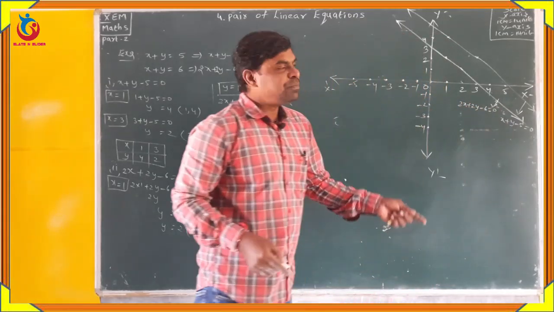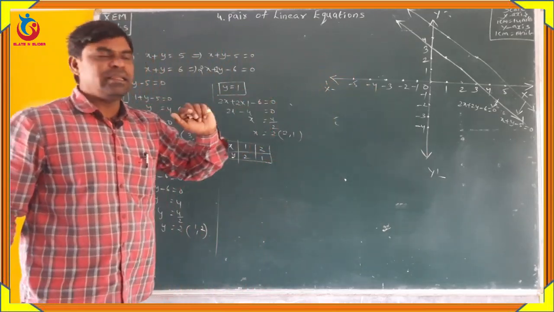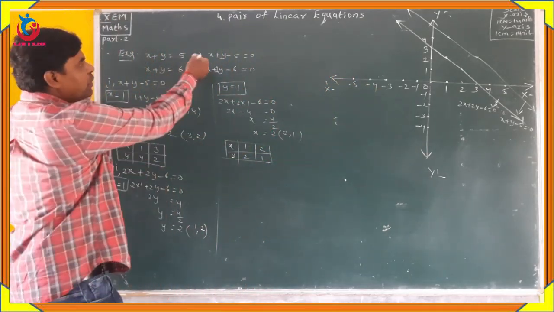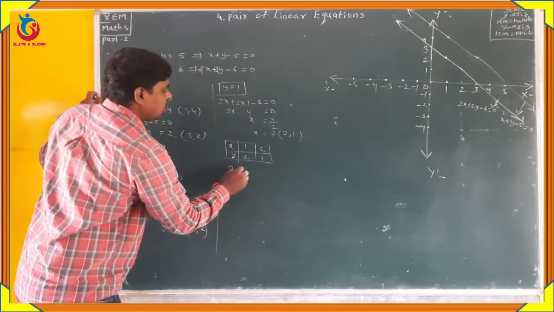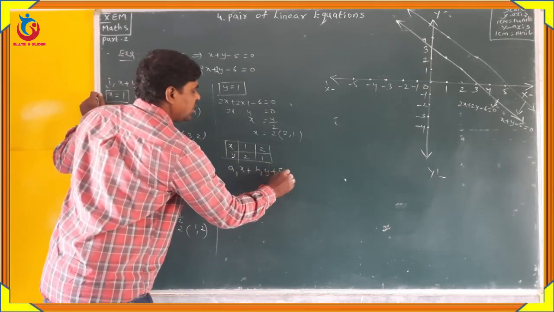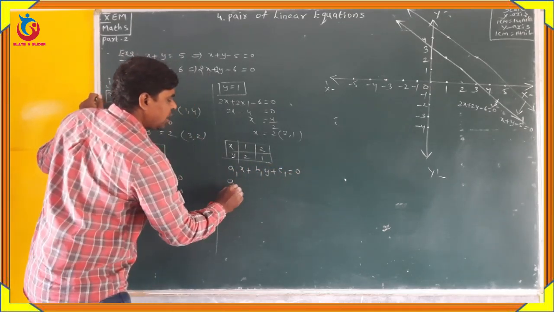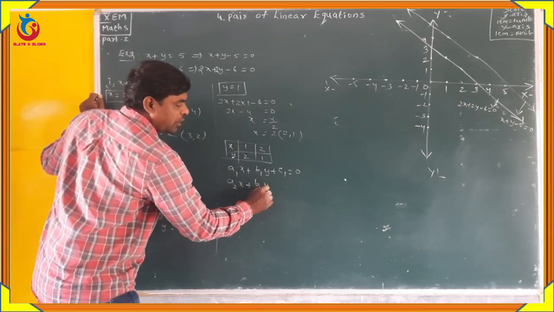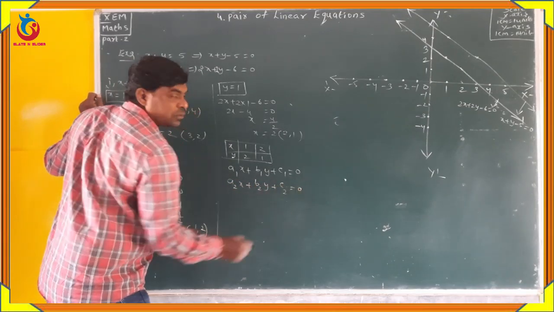Yes, here what happened? The two lines are parallel. Here also we have to compare these equations with the general equations a1x plus b1y plus c1 is equal to 0 and a2x plus b2y plus c2 is equal to 0.